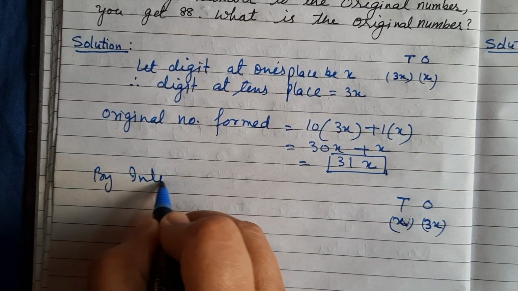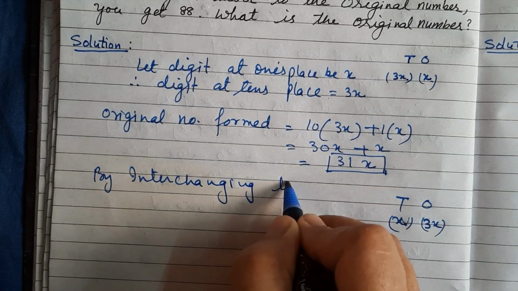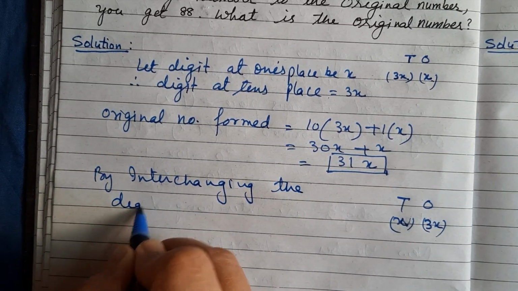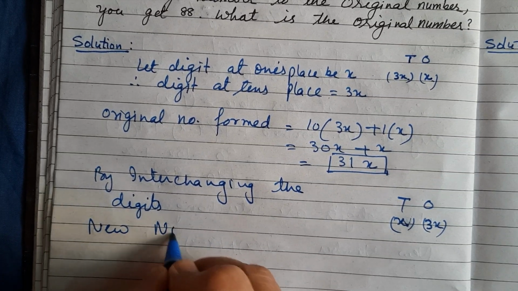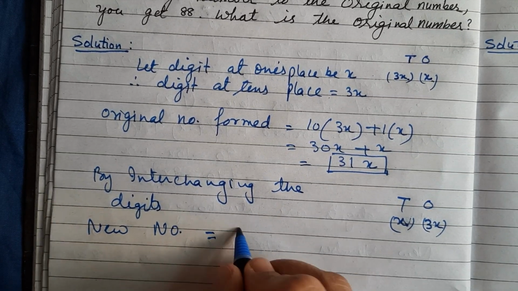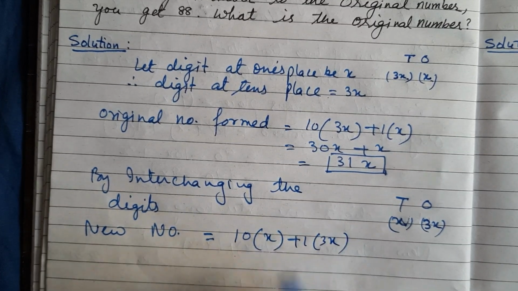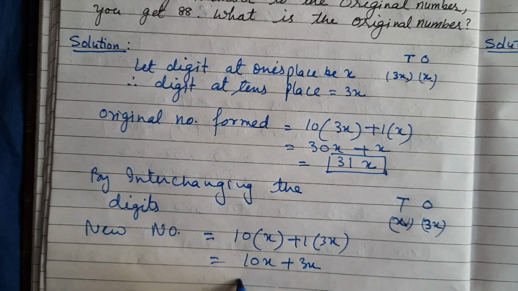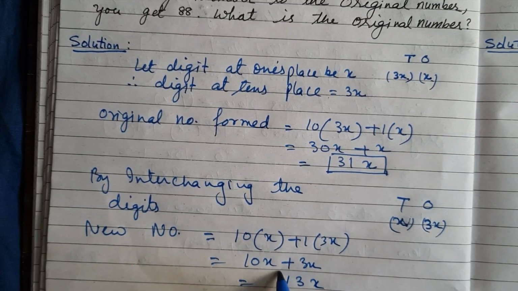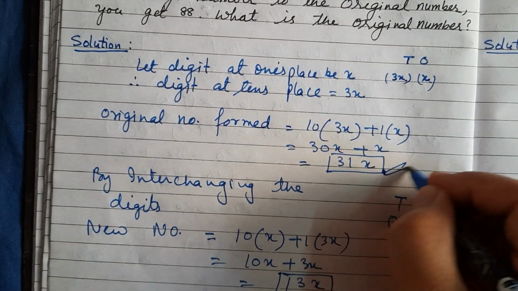By interchanging the digits, new number will be 10 into x plus 1 into 3x, which means 10x plus 3x, that is 13x. So this number is the new number and this is the original.